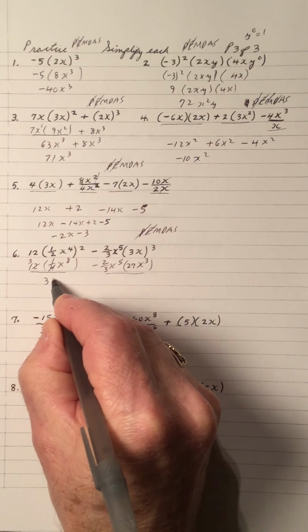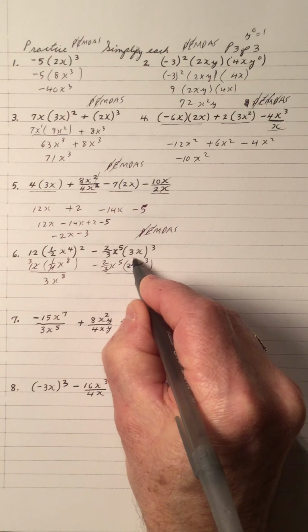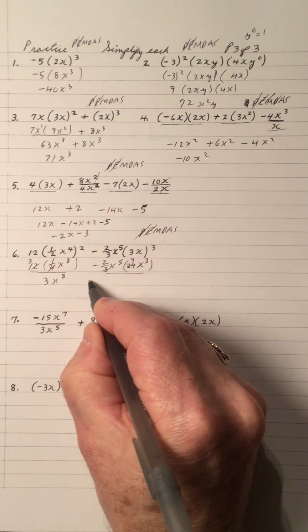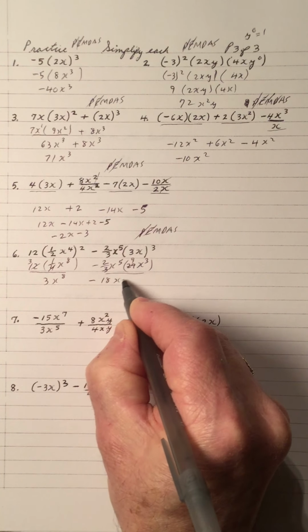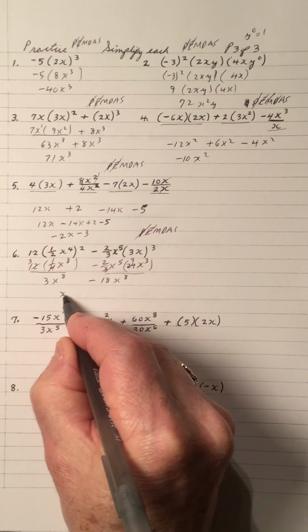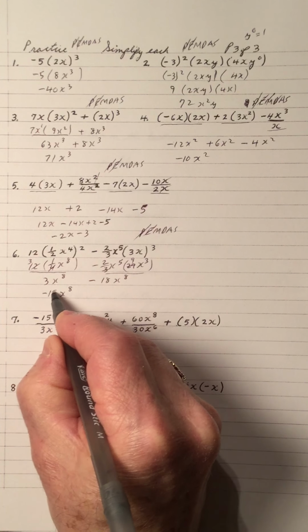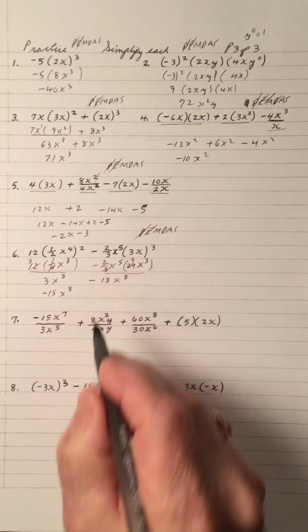So that gives me 3x to the 8. 3 into 27 goes 9. 2 9s is 18, so negative 18x to the 8. Again, we have like terms, so we can add x to the 8. 3 subtract 18 is negative 15. Again, that's a plus negative.